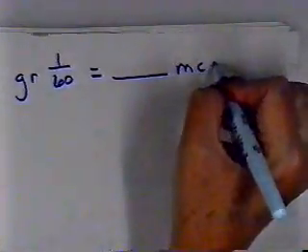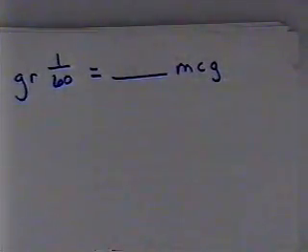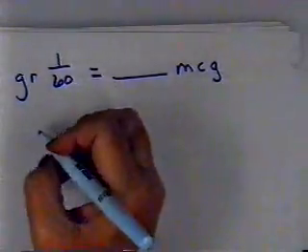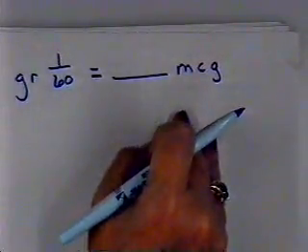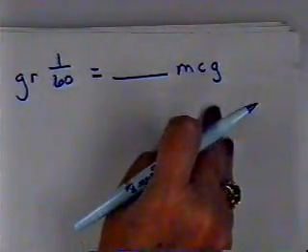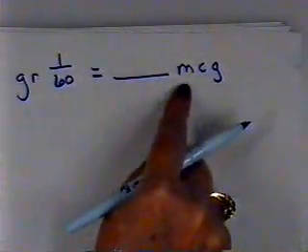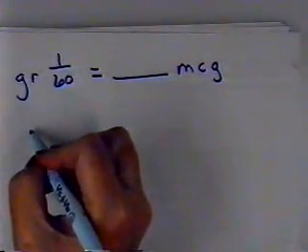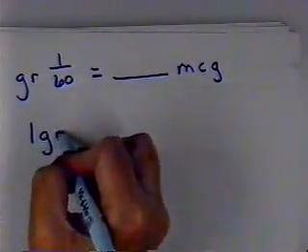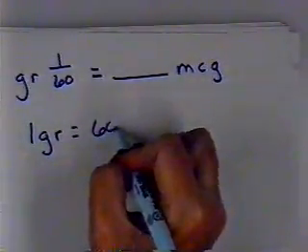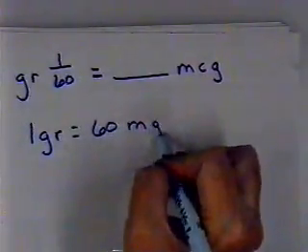1/60th grain to microgram. Now, here's one where we do not have a conversion from grain to microgram. So if it's grain to microgram, we're always going to use the grain to milligram and then move the decimal. So we have to use 1 grain is 60 milligrams.